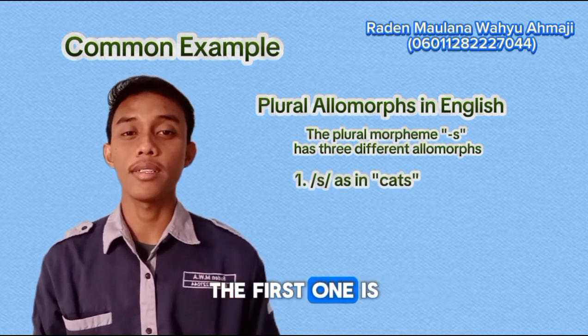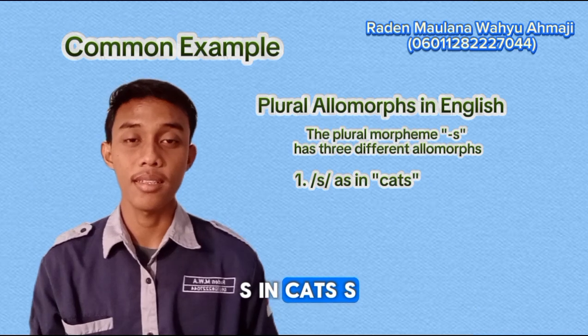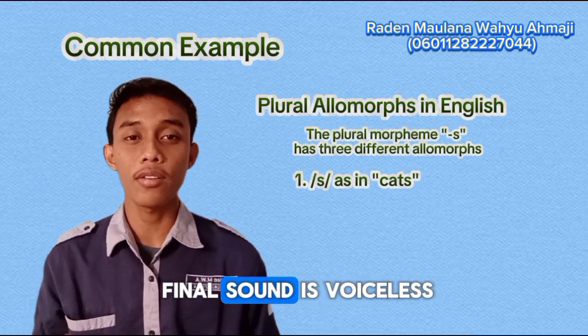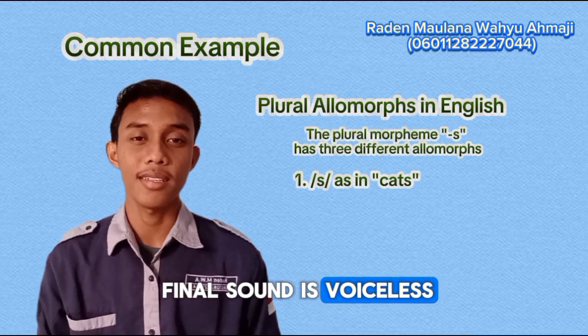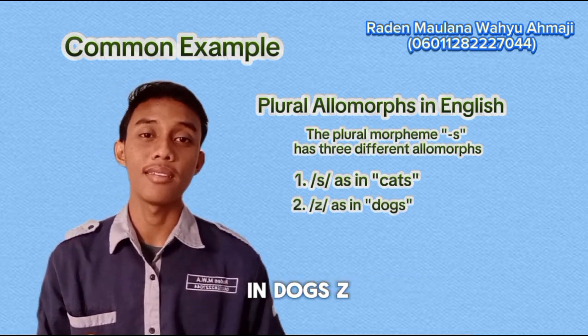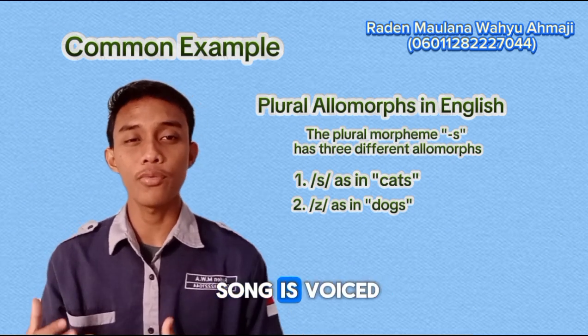The first one is /s/, as in cats. The final sound is voiceless. The second one, /z/, as in dogs. The final sound is voiced.